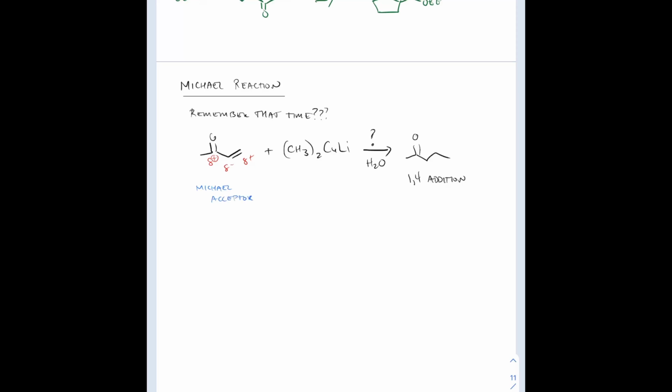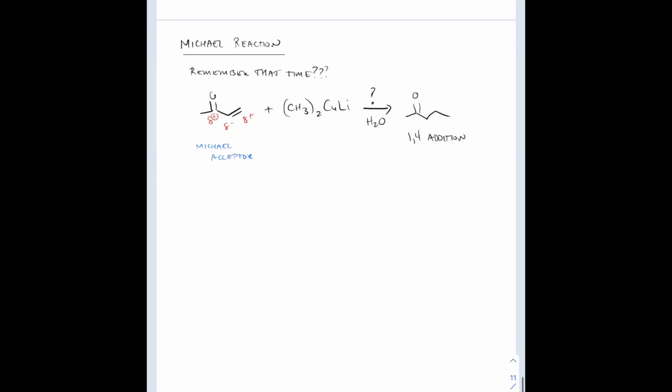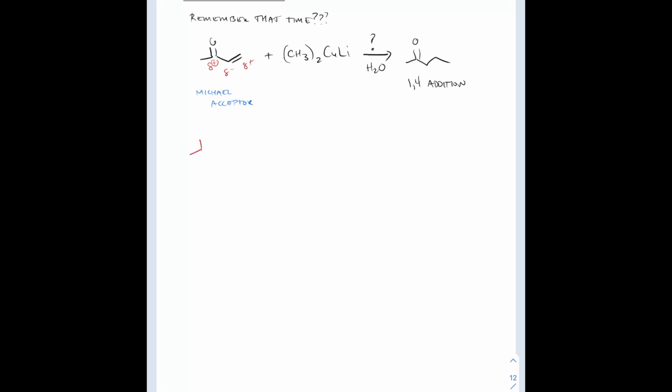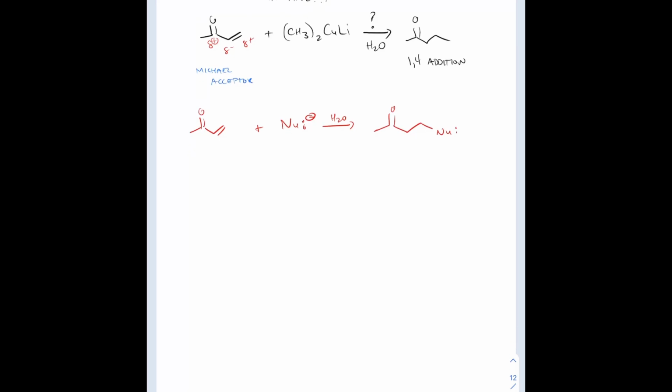So remember the alpha beta unsaturated ketone has 2 electrophilic sites. That's pretty much what I was telling you, but it's also called a Michael acceptor because this is called a Michael reaction, right? And the nucleophile attacks and the Michael acceptor accepts.